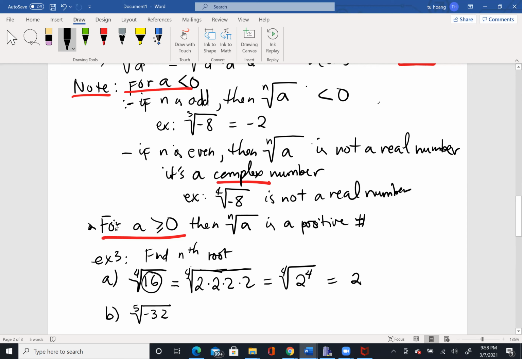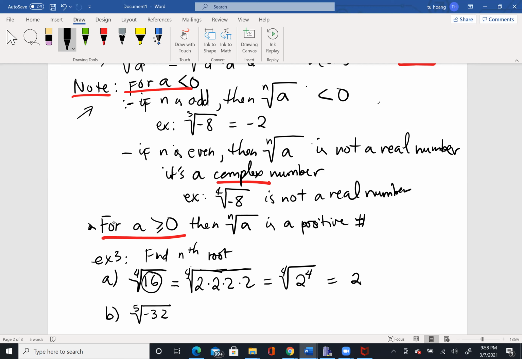In this case, the radical is a negative number, and the index n is an odd number, right? See that? Now 5.